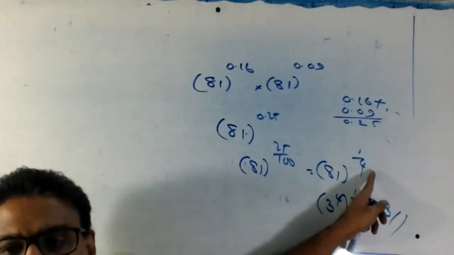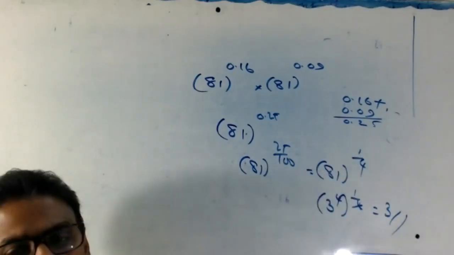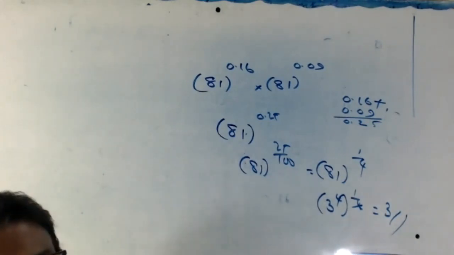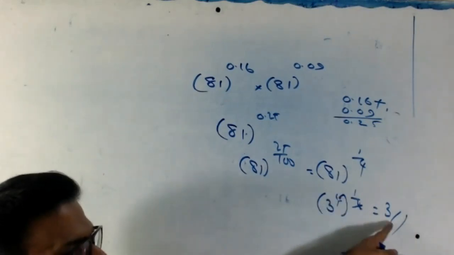Then 81 is 3 raised to 4, we did that already. 3 raised to 4 into 1 by 4. This 4 and this 4 cancel, 3.